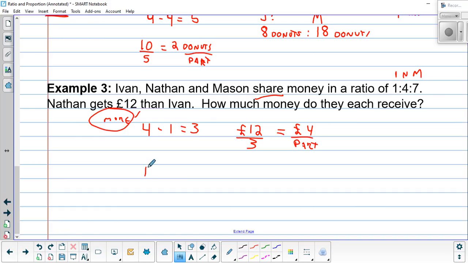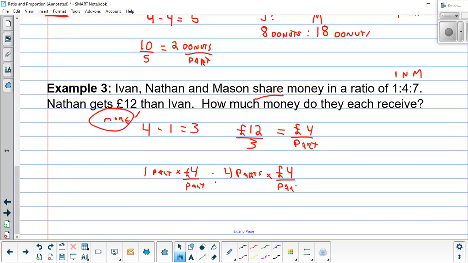Well, we're going to do 1 part times by 4 pounds per part. And then that'll be 4 parts times by 4 pounds per part.